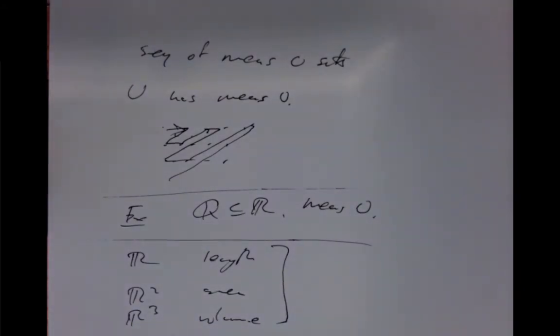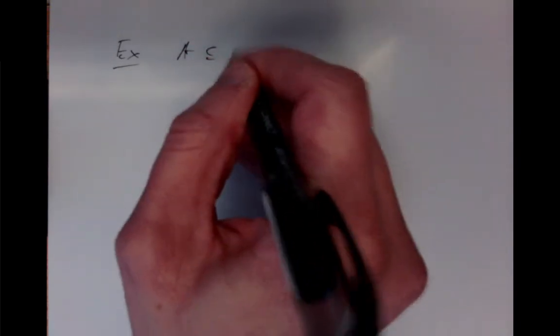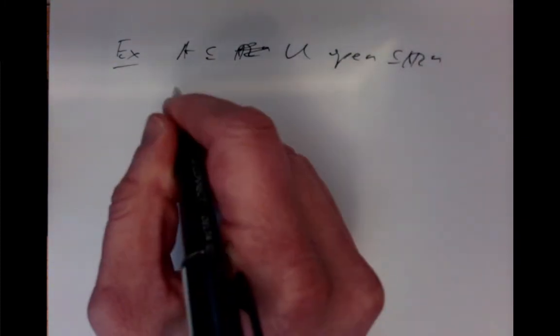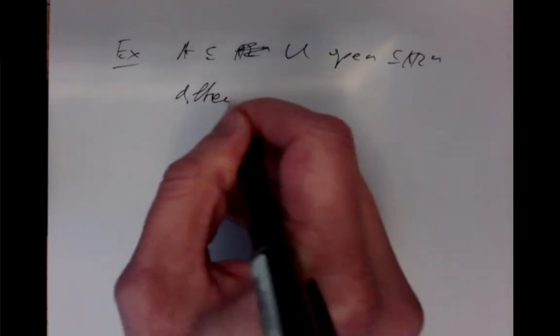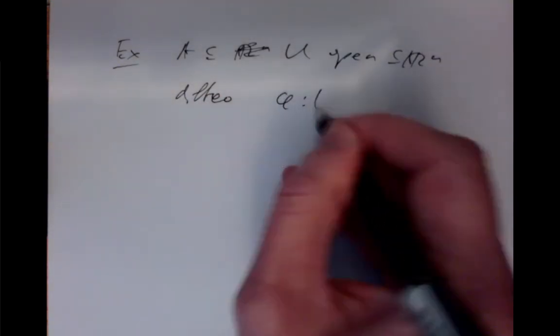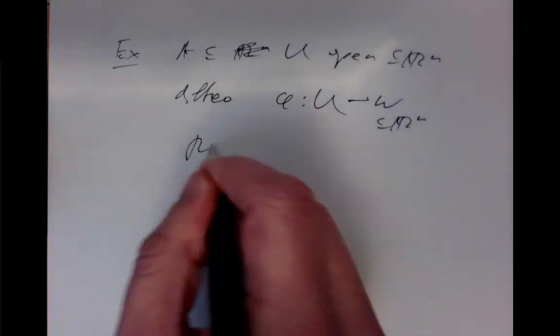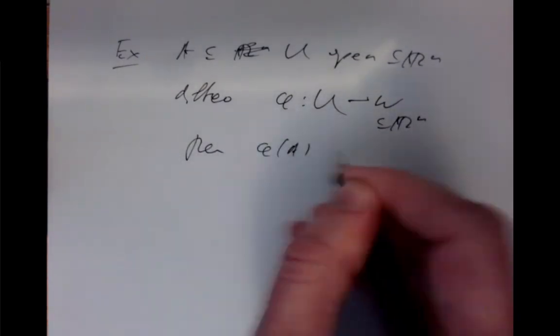I'll leave you to convince yourself that if we have a measure 0 set A in Rn, lying in some open subset U of Rn, and we have a diffeomorphism phi taking U to W, also contained in Rn, then phi of A is also measure 0.